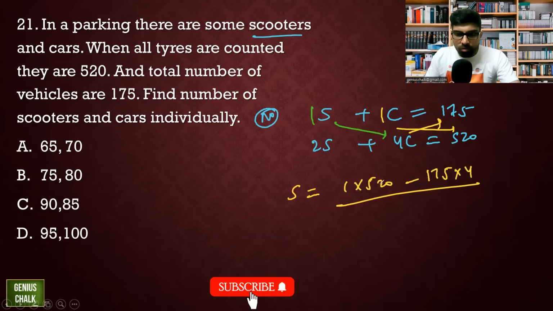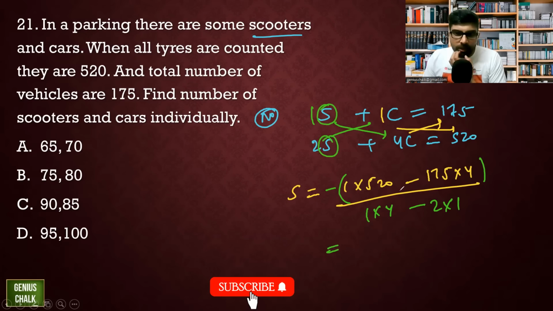Next, just multiply like this. This is 1s, so 1 into 4 minus 2 into 1. And this value, if you apply this, it will be in minus. So here you'll just use minus for this x variable or S. Even if you solve this, how much? 175 into 4, 700 minus 520, so this is 180 basically.